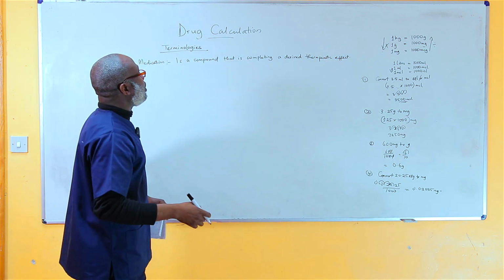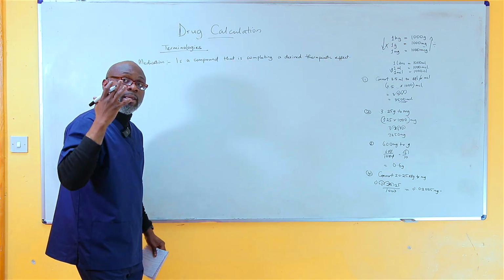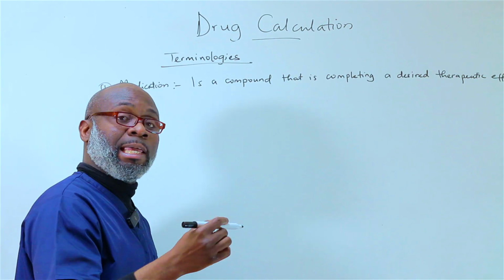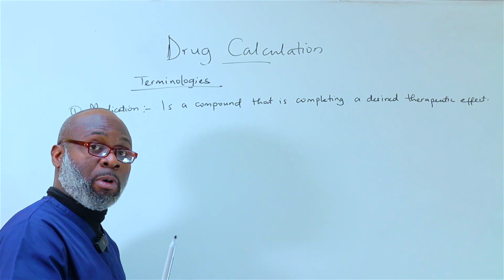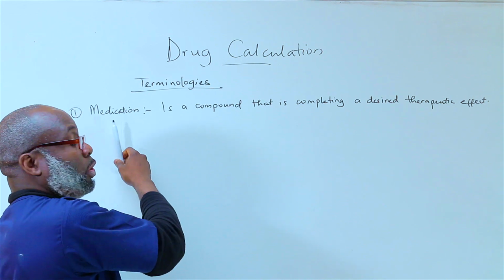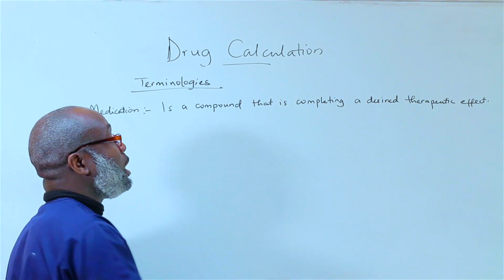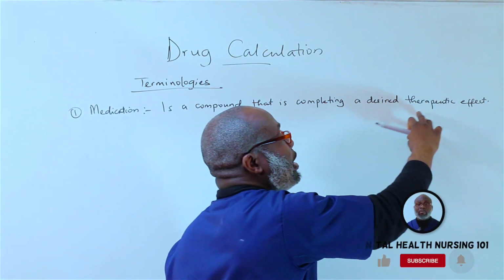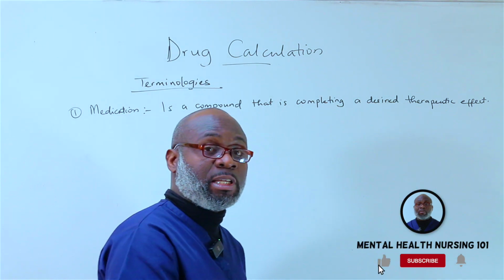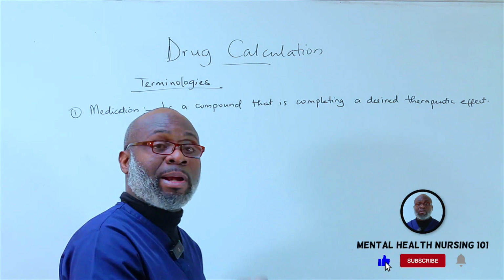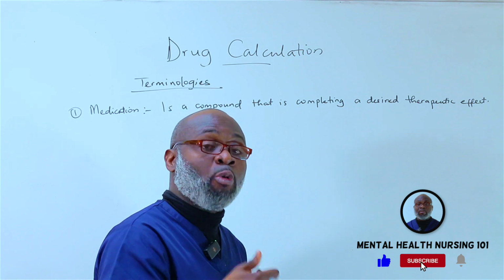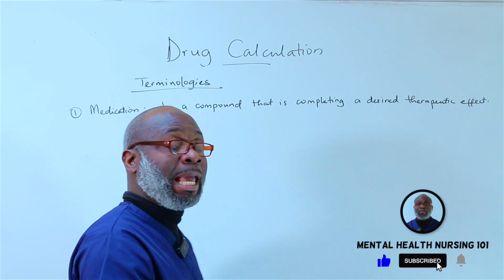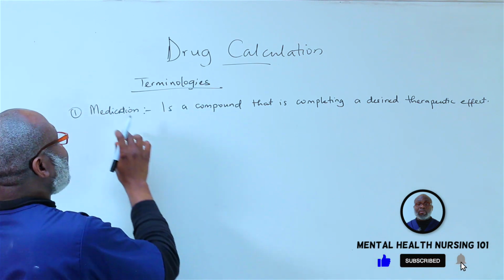For example, when someone has a headache and the doctor says take 1 gram of paracetamol, paracetamol is the medication, and the work of the medication is to complete a desired therapeutic effect. The therapeutic effect is that if you take the paracetamol, it's going to stop or reduce the headache. So that is medication.